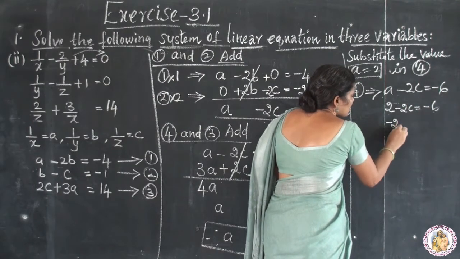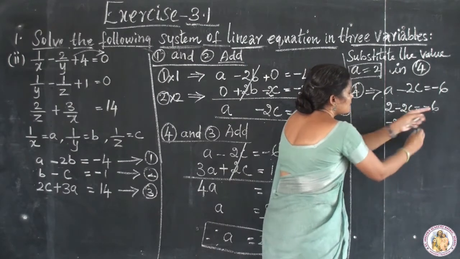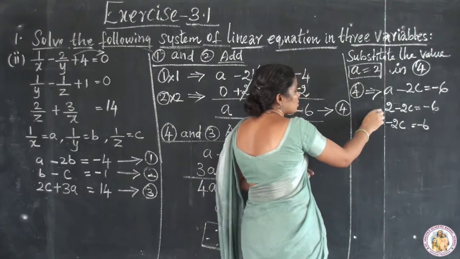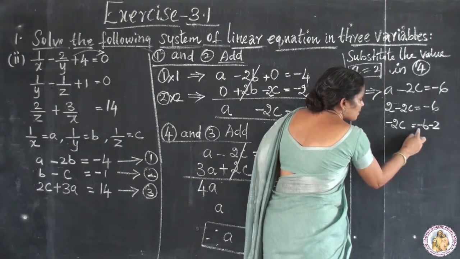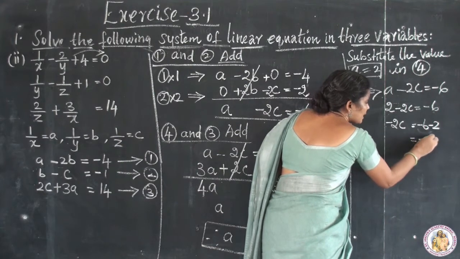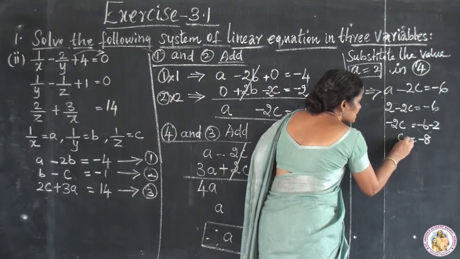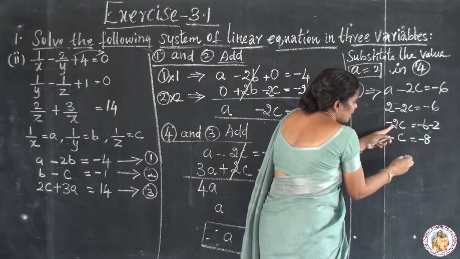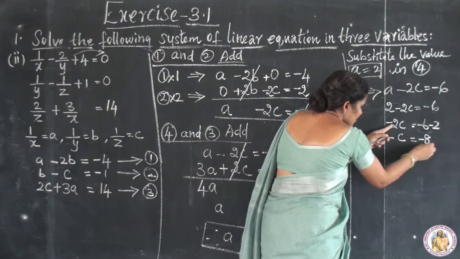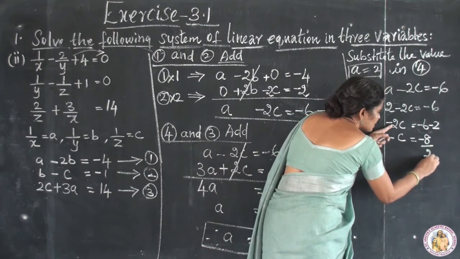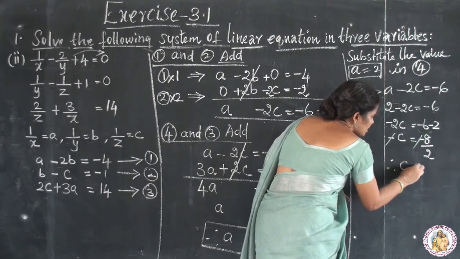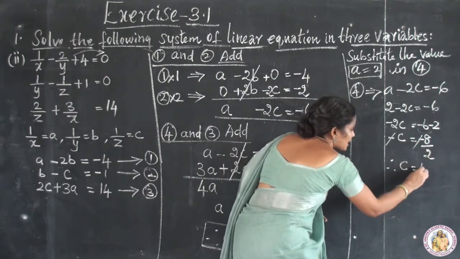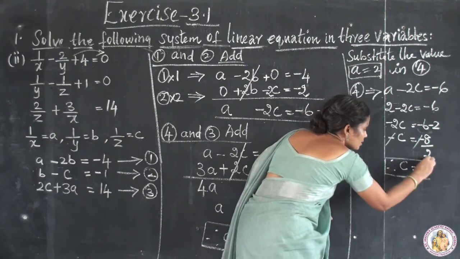Keep this 2c alone here, minus 6, while this plus 2 goes to the right side as minus 2. Same sign, so add: minus 8. Keep this c, take this 2 along to the right side, it goes as division. So minus minus cancel, therefore c is equal to 8 by 2, c is equal to 4.